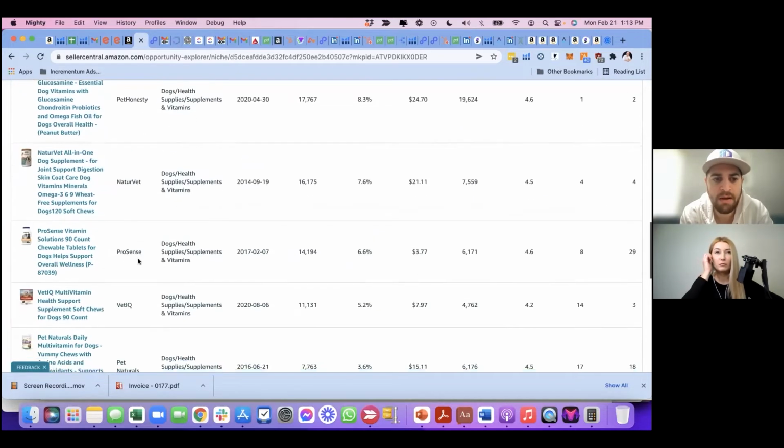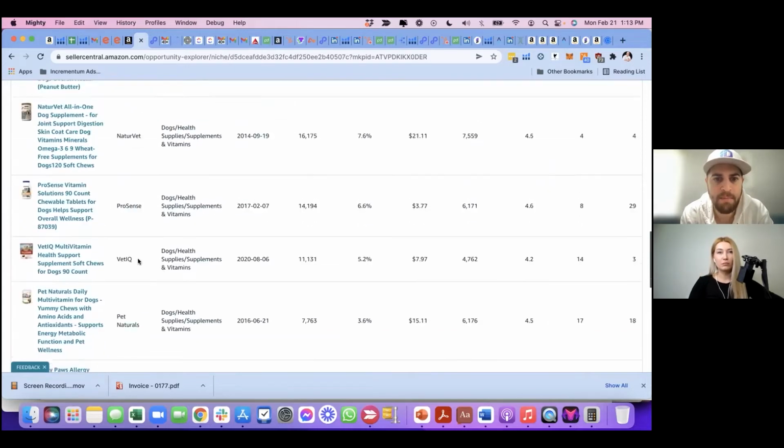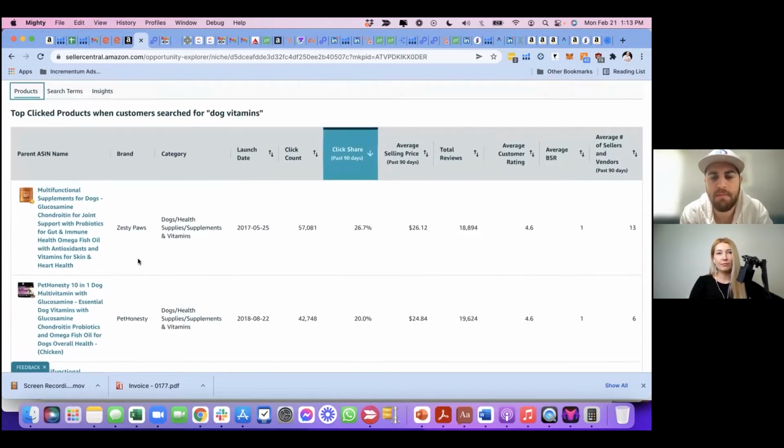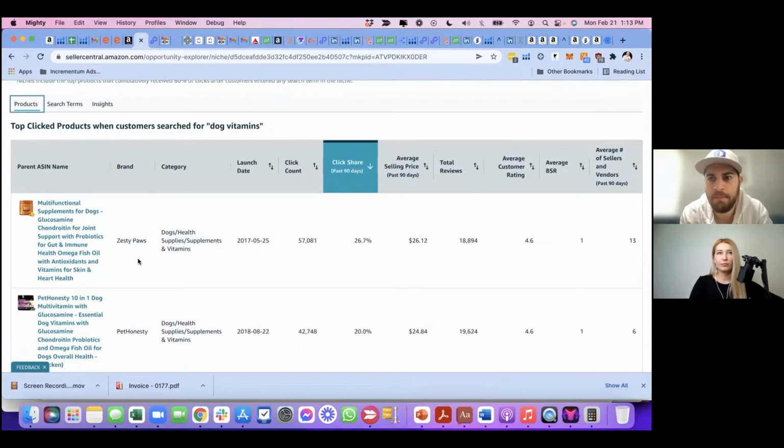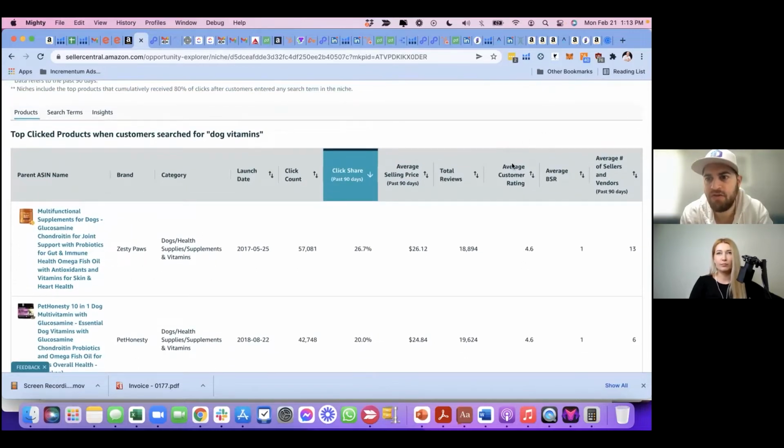So if I want to understand the market share of a particular product, Amazon is showing me essentially that there's 12 brands. Initially, they showed me 12 brands that are getting the majority of the click share. I think it's 80% of the click share goes to 12 brands. And then I can add up the click count that each of those brands has, and then understand what percentage of the total click count those brands are getting.